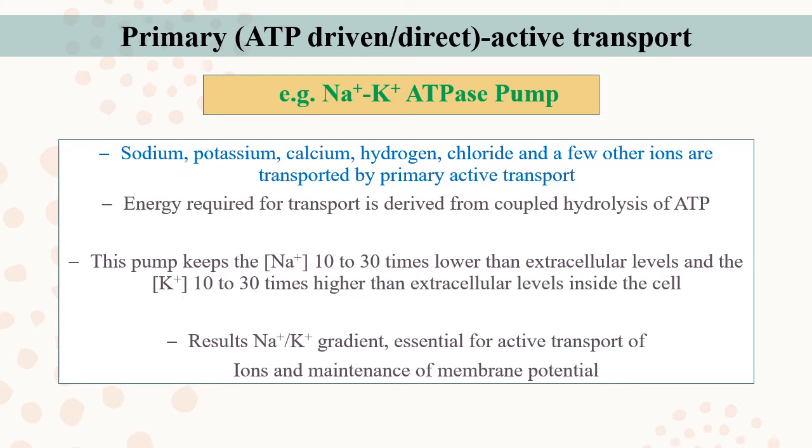In this pump, what it does is keep the sodium ion 10 to 30 times lower than the extracellular level, and potassium 10 to 30 times higher than the extracellular level inside the cell, due to which there is a sodium potassium gradient across the cell, which is very essential for active transport of ions and maintenance of membrane potential.